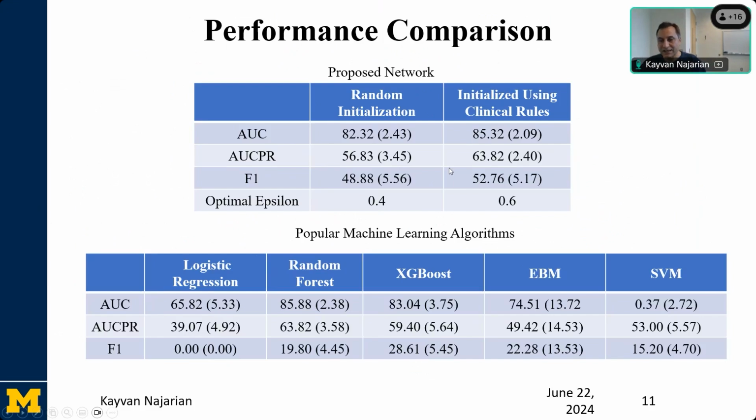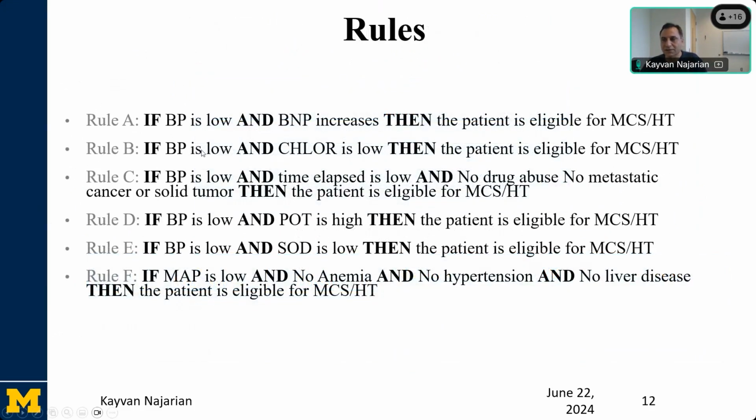So having said that, let me show you some of the rules that we're talking about. When you train this algorithm, it gives you a bunch of rules. For instance, rule A is that if blood pressure is low and BNP increases, then the patient is eligible for advanced therapy.